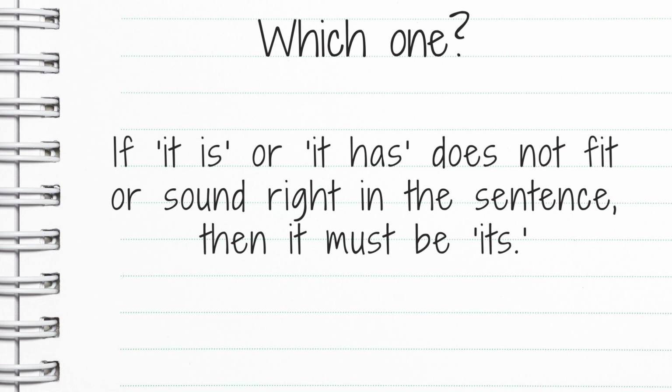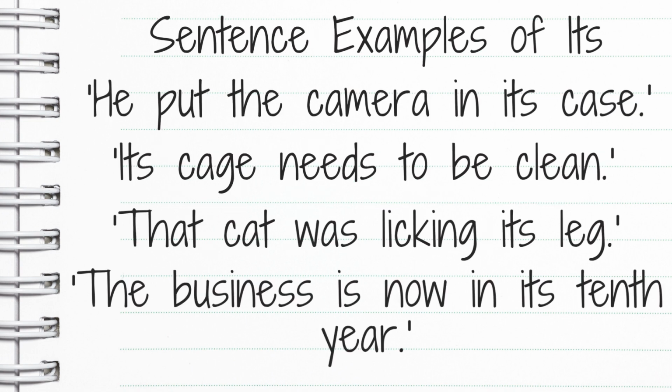So which one do I use, Fliss? If it is or it has does not fit or sound right in the sentence, then it must be spelled ITS, no apostrophe. So let's go back so we can see. Its cage needs to be clean. We wouldn't say it is cage needs to be clean. Doesn't make sense.